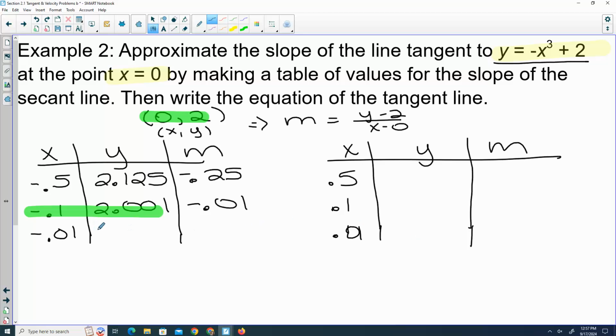And then if we do the last one, try not to round too much on these.